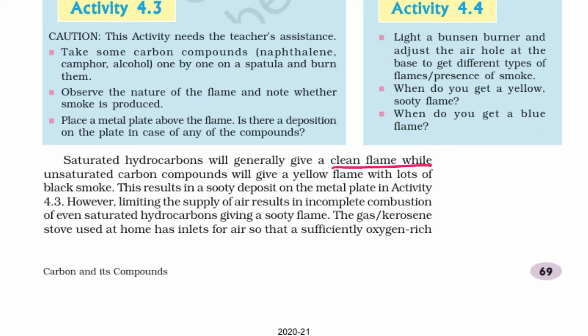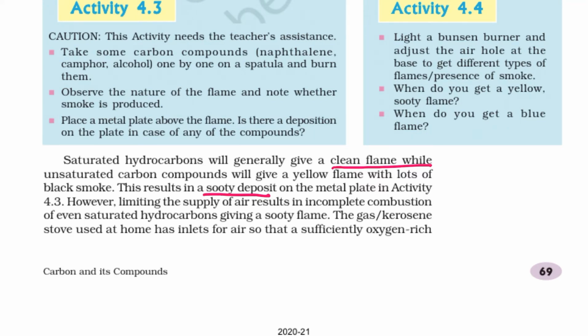This results in a sooty deposit on the metal plate in the activity. So do you understand? Out of these, most are sooty in nature because they have unsaturated carbon present in them.